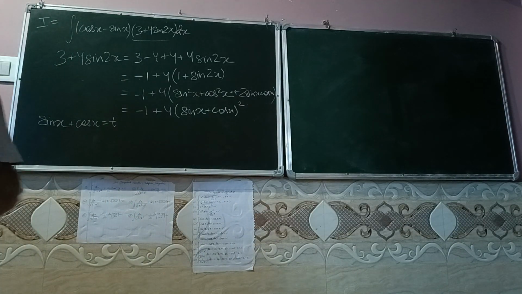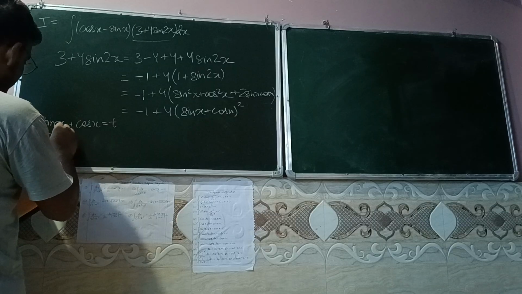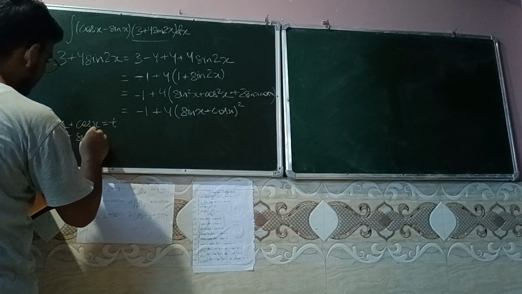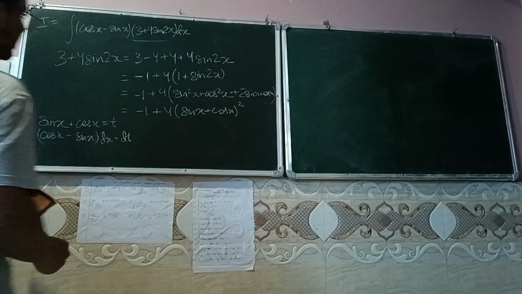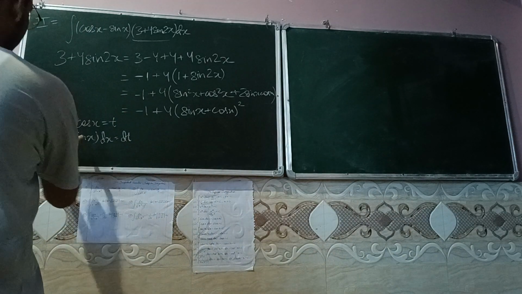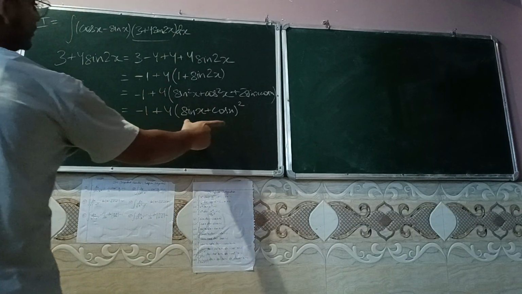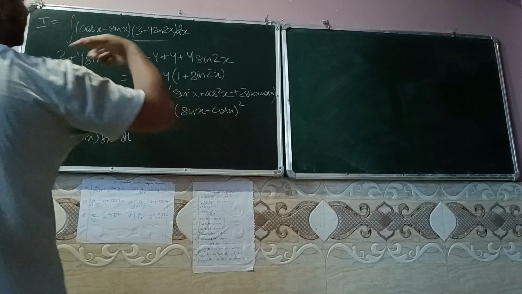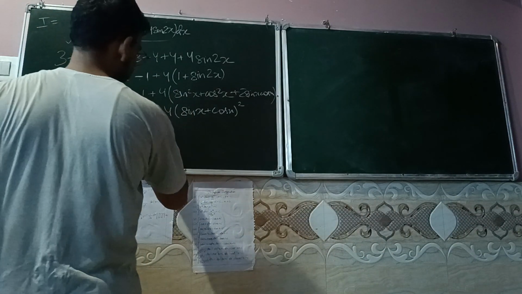After differentiating both sides, we get cosine of x minus sine of x dx as dt. So we will have a very simple integral after this.